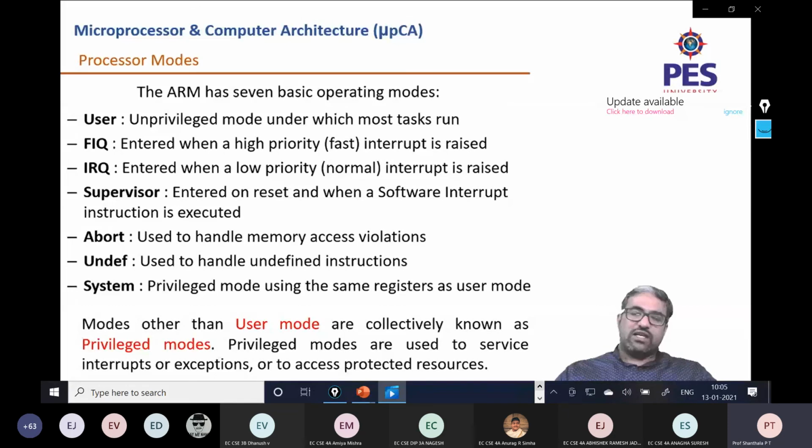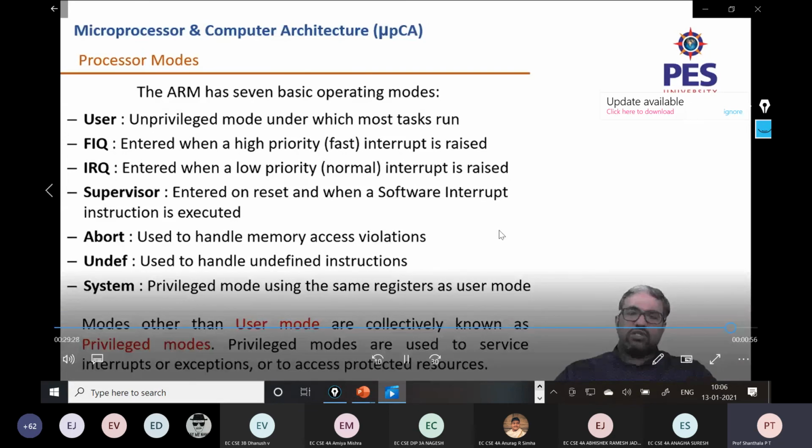If I don't understand, I should say that I cannot execute this. So I need to go to that mode for execution. The supervisor mode is what my processor will enter if I want to reset or abort some operations.